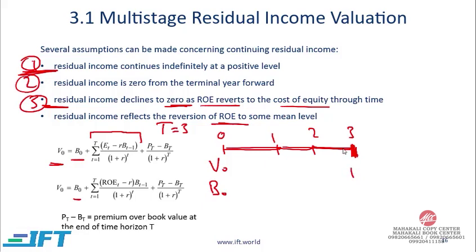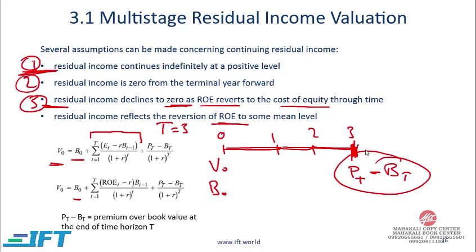This is roughly like a terminal value. You ask, what is the price per share going to be at the end of year 3 minus the book value that you expect at the end of year 3. This is the premium. You estimate that premium. Obviously, if you expect the company to have a substantial competitive advantage or a relatively high ROE, then this premium will be big.